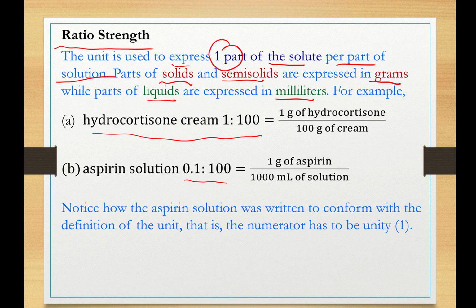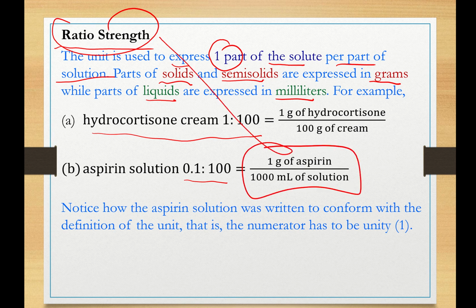You need to convert it to 1 gram of aspirin per 1000 ml of solution. So the ratio strength in this case is 1/1000 grams per ml. Remember, the numerator, which is a part of the solute, has to be equal to unity. Okay, very important. So the numerator has to be equal to unity.